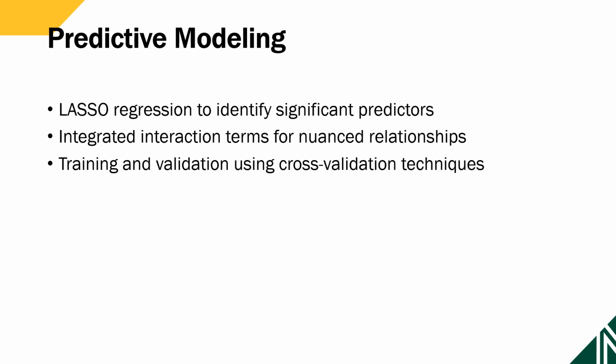And then the training and validation using cross-validation techniques. To ensure the reliability and generalizability of our predictions, we applied cross-validation during the training process. The dataset was divided into multiple folds, with each fold used as a validation set, while the remaining data trained the model.